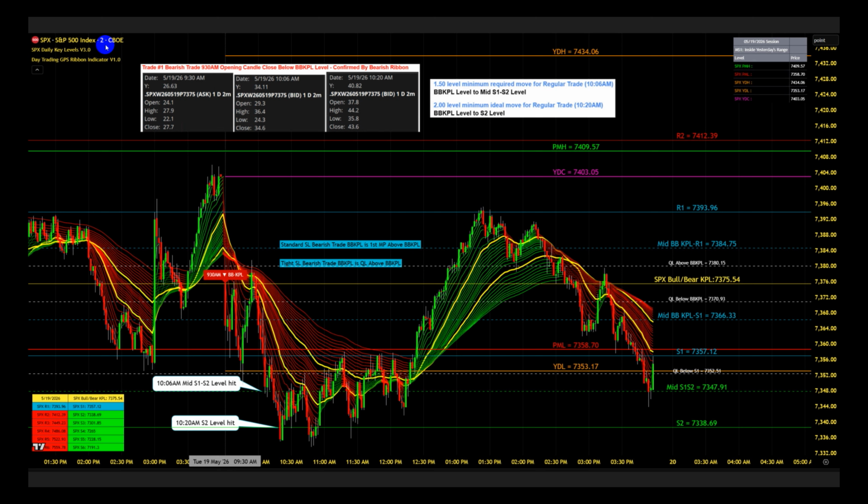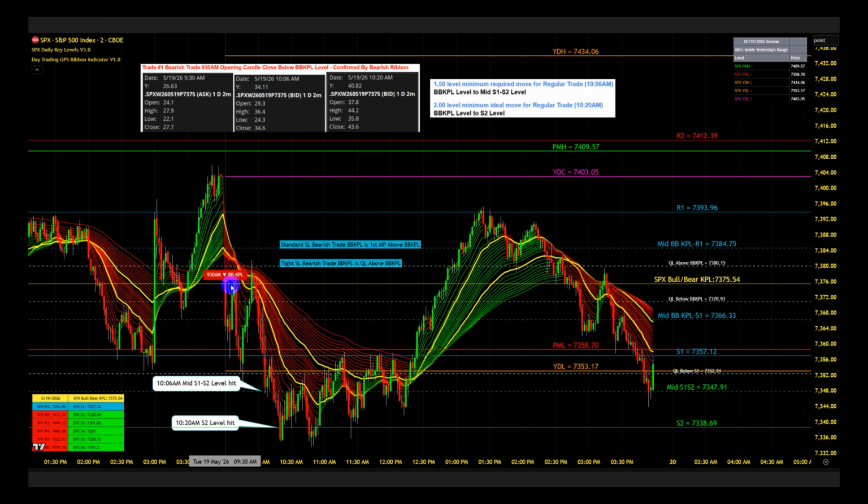So regardless of the time frame, you're going to use not only the close above or below a main key level or main contextual key level, but you also need confirmation from the ribbon, which in the case of a bearish entry needs to be an all red ribbon, not multicolored, and ideally the lower bands are pulling away from the base.